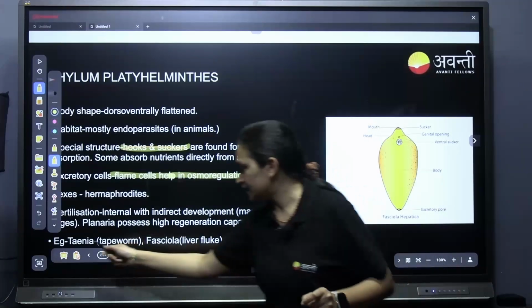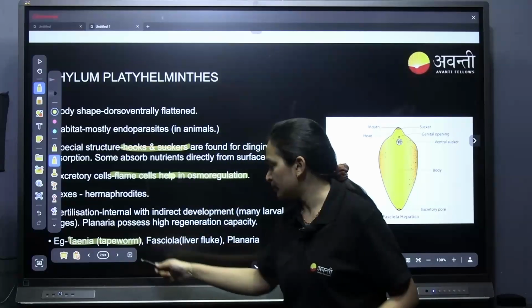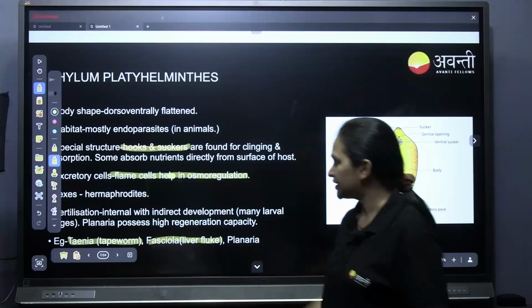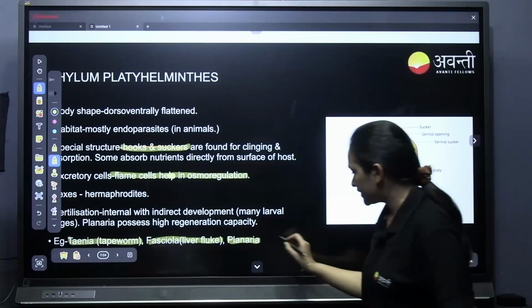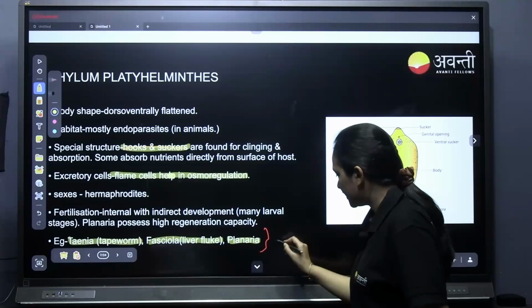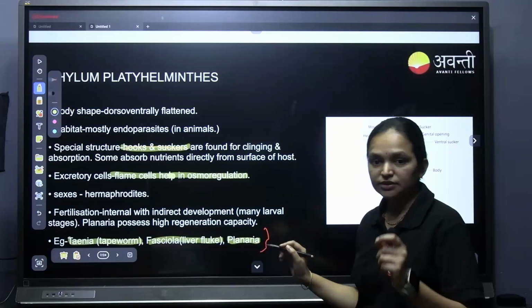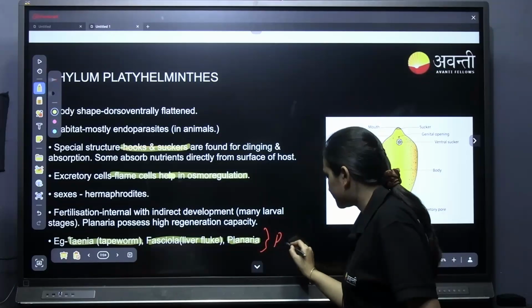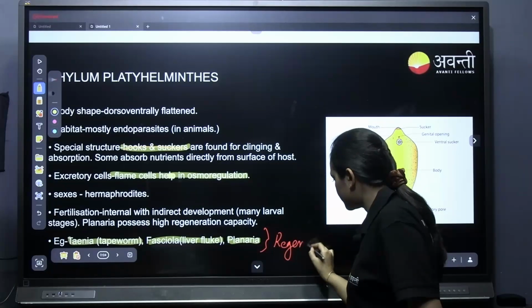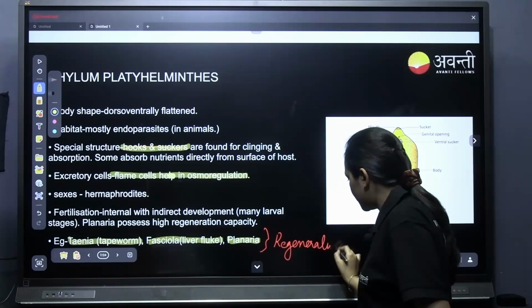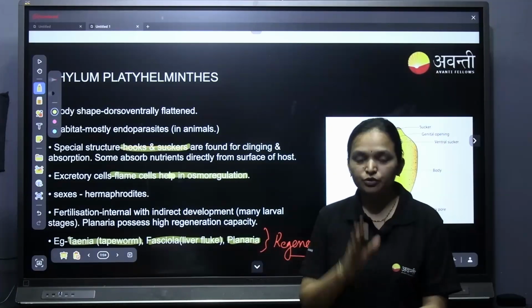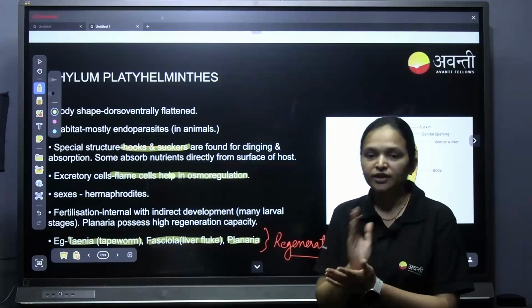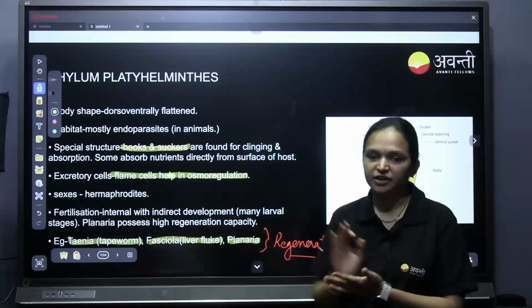Example, Taenia, that is tapeworm, and Fasciola, that is liver fluke and planaria. One of the important thing again here becomes is they have this regeneration property. अगर इस प्लानेरिया को हजारों टुकड़े में भी काटो ना, they become 1000 new planarias.